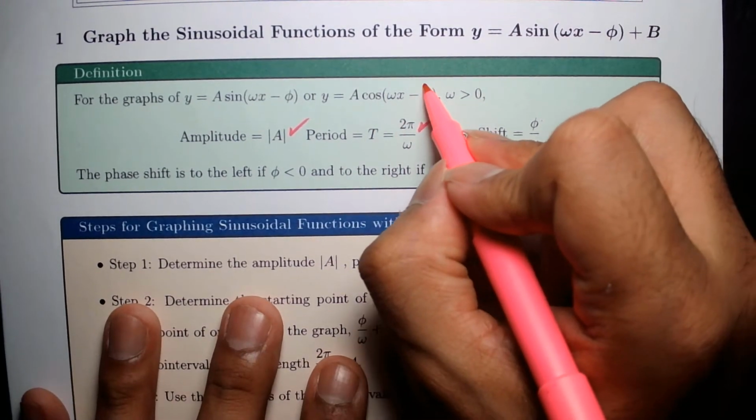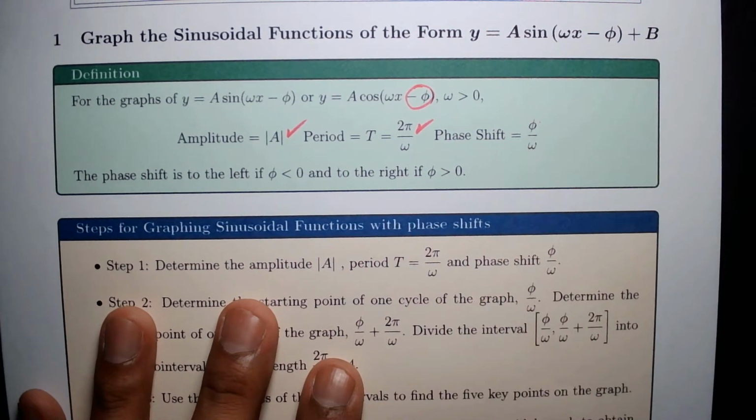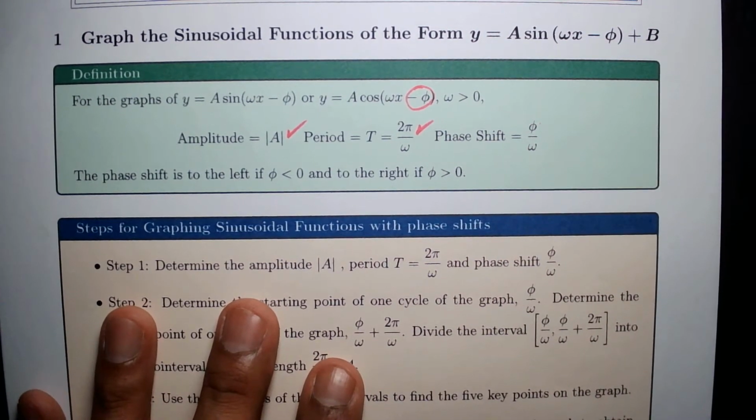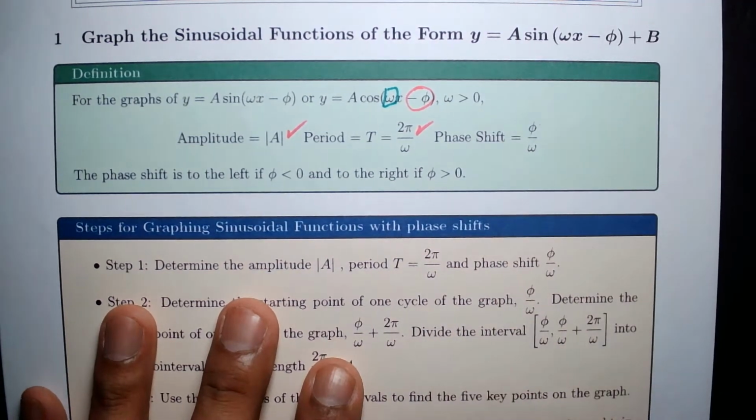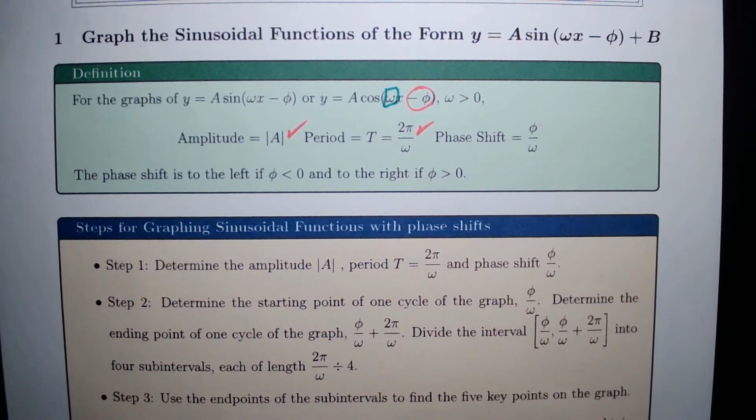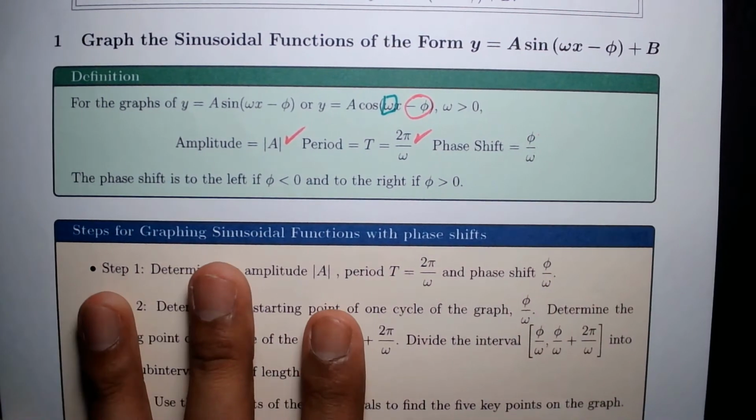Phi is going to be our horizontal shifting, and omega, if we bring back the previous couple of sections, represents the horizontal compression or stretching.